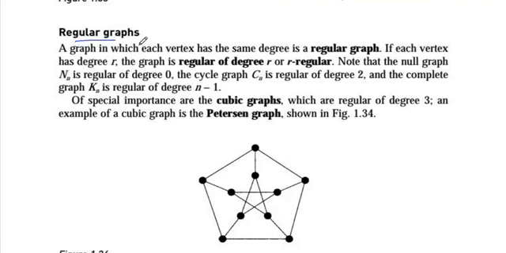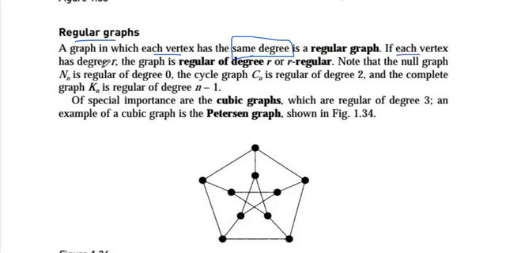Then regular graph. A regular graph is a graph in which each vertex has the same degree. Previously we discussed simple graphs, which are not necessarily regular. The definition of a regular graph is that the degree of every vertex should be the same.